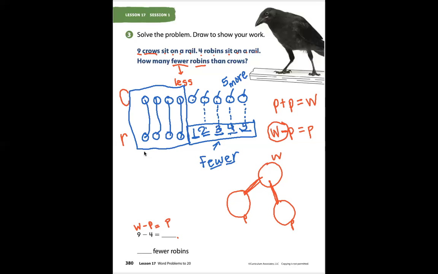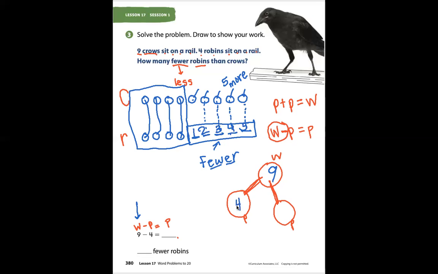So we have great evidence up here. We have our whole minus the part equals a part. What did we say the whole was? We said the whole was 9. So we need to put 9 here. The part we knew was 4.